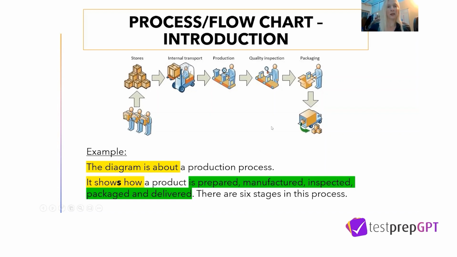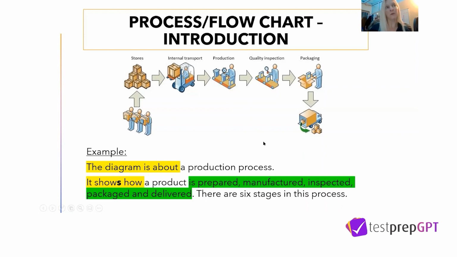So note that I have used production, I have used the word inspected, I've used the synonym manufactured to replace produced because I don't want to repeat the same words every time. Packaged.